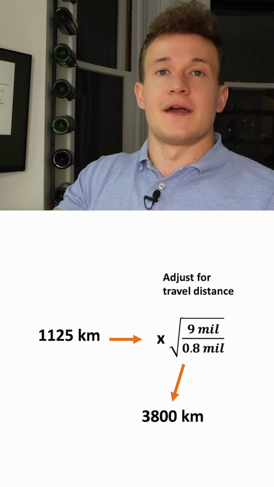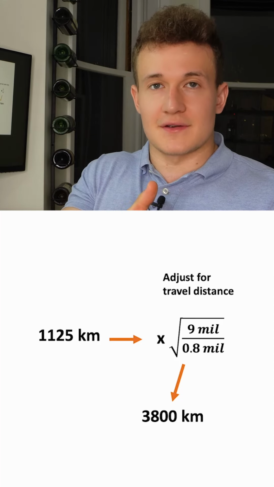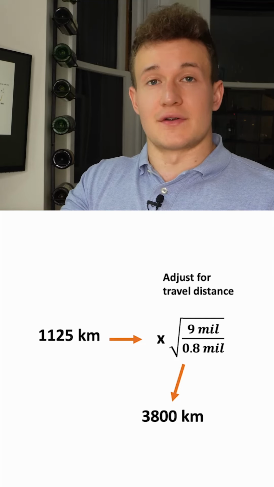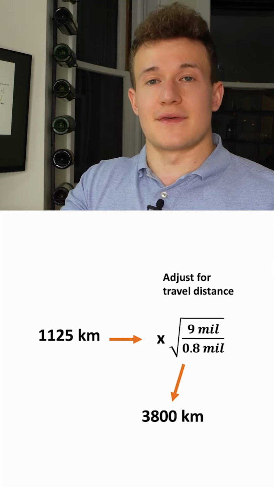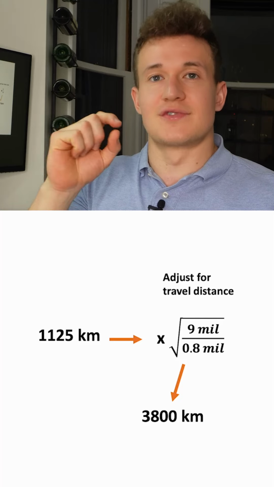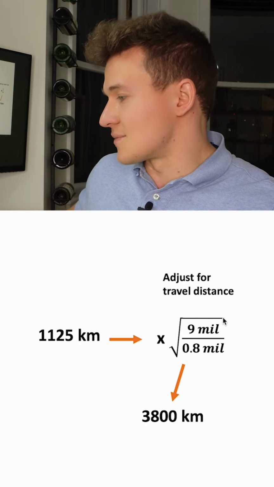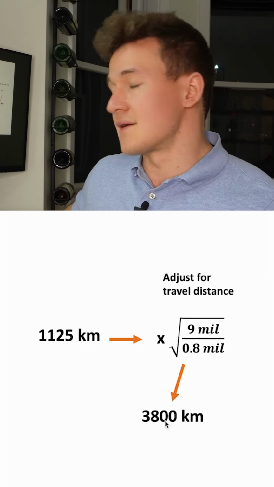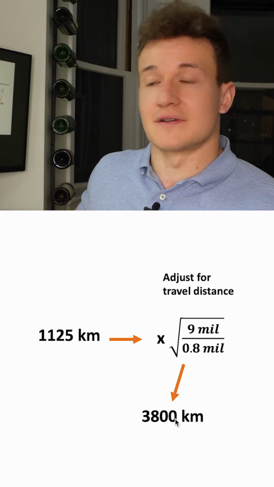Because people, if they live in the suburbs, have to get to the city center. So people in London have to travel a bit further. And the distance that they have to travel further is roughly proportional to the radius of the city, which is proportional to the square root of the population. So this is the adjustment over here. People in London have to travel a bit more. So we would end up with 3,800 kilometers of tunnels in total.